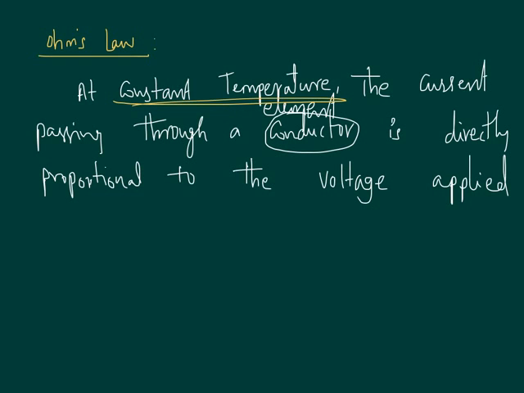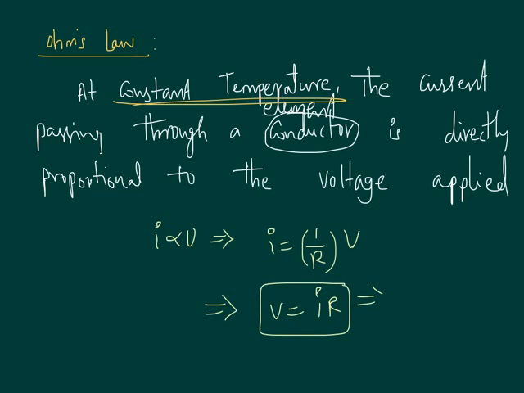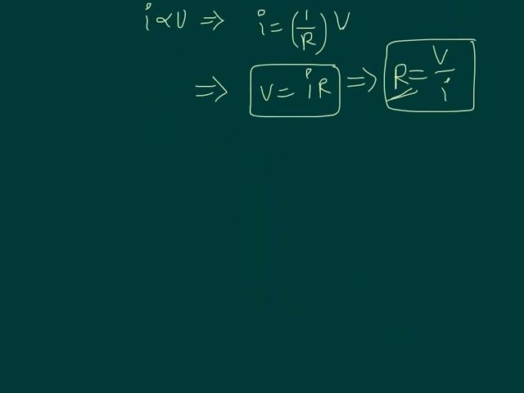So what we said now, current is directly proportional to voltage, and this implies current equal to 1 by R times V, and this implies V equal to IR, and this implies R equal to V by I. And what is this R? R is the property of the conductor. So we have to define R now.